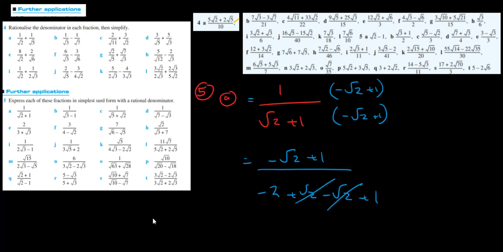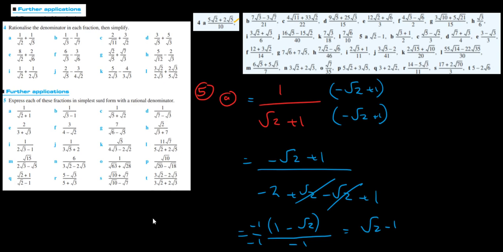That goes. So we're left with, let's write it like this. You won't be marked down for leaving it like that. Negative 1. Let's multiply numerator and denominator by negative 1. To give root 2 minus 1.